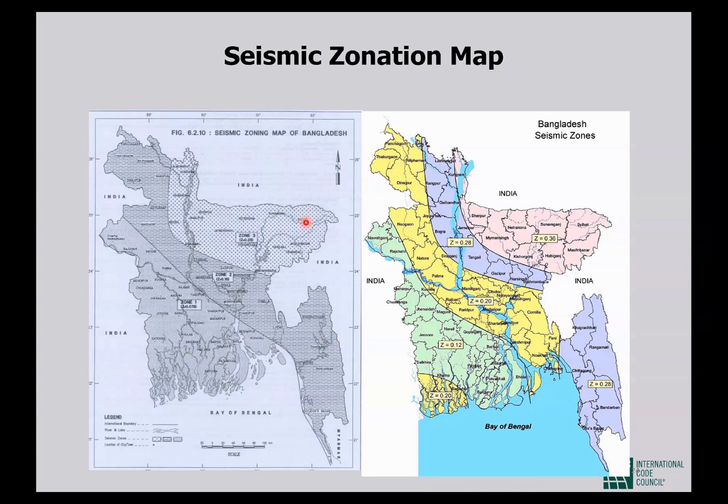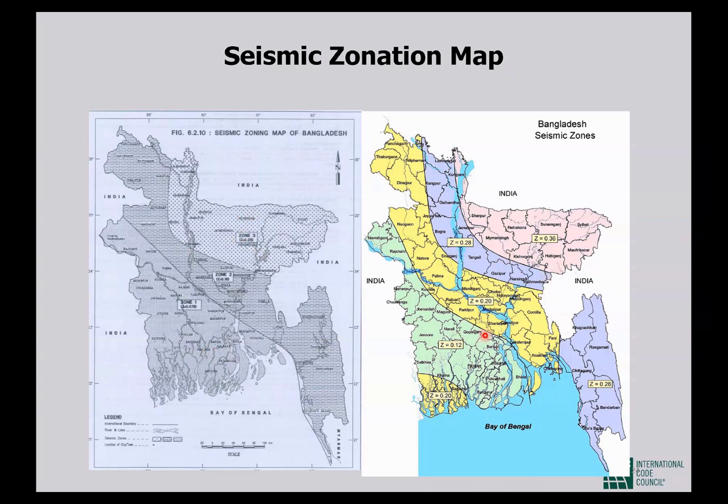This is because the subsequent calculations are different. The formula that we use with this zonation map is different from the formula that we used with the previous zonation map. Secondly, the probability of earthquake that was considered in the previous version was different from this version.